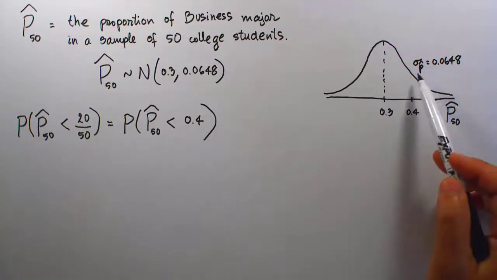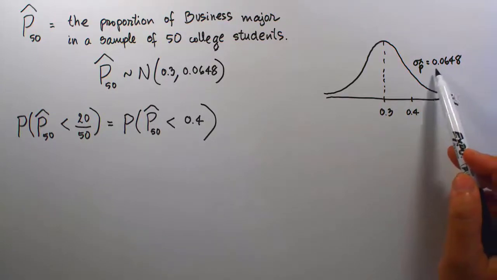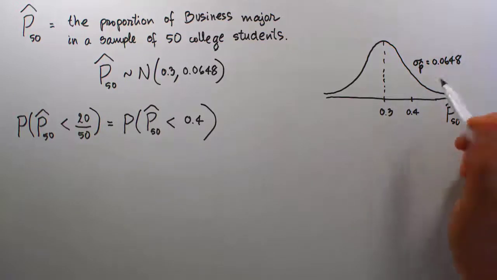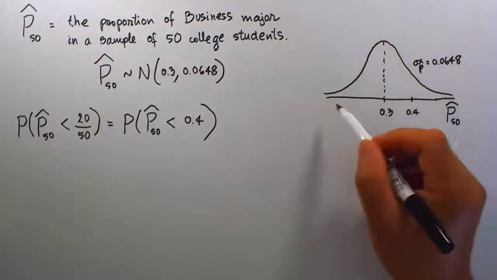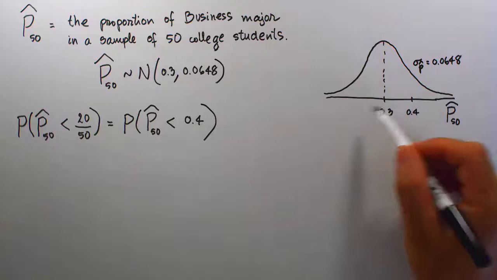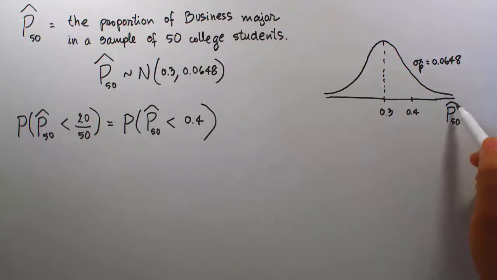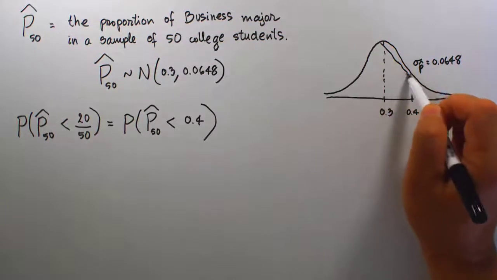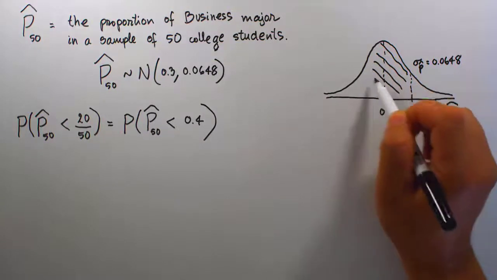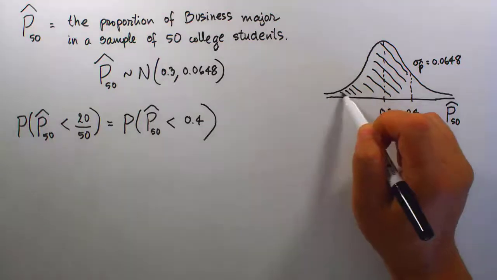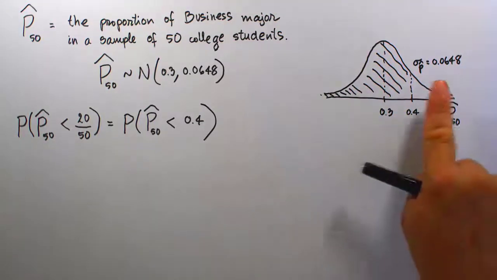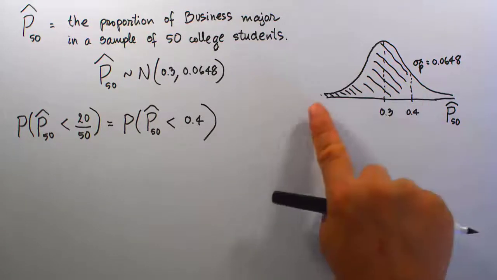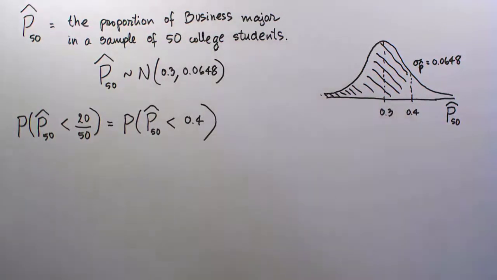And note that this bell curve has a standard deviation of 0.0648, and being less than 0.4, these are all different values from low to high, the different values of capital P hat 50. So looking for capital P hat 50 being below 0.4 is equivalent to a shaded area to the left-hand side of 0.4.